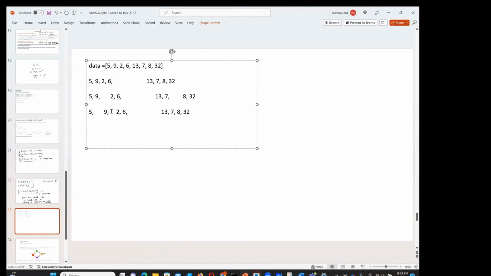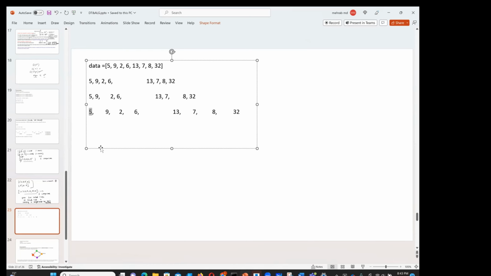Into 8 lists. Now I have 8 small lists, right? Each of these lists has how many numbers? 1, right? Now tell me, is this list sorted?